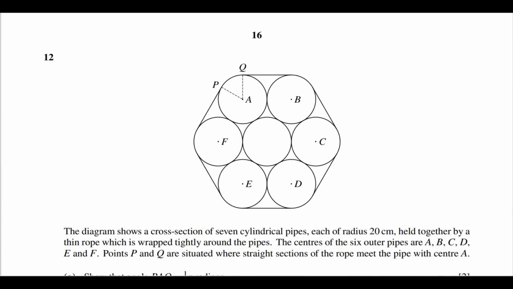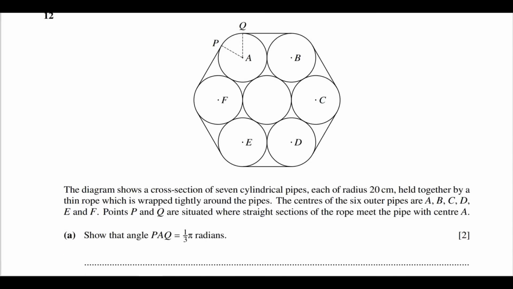Next, question number 12. The diagram shows a cross section of 7 cylindrical pipes, each of radius 20 cm, held together by a thin rope which is wrapped tightly around the pipes.